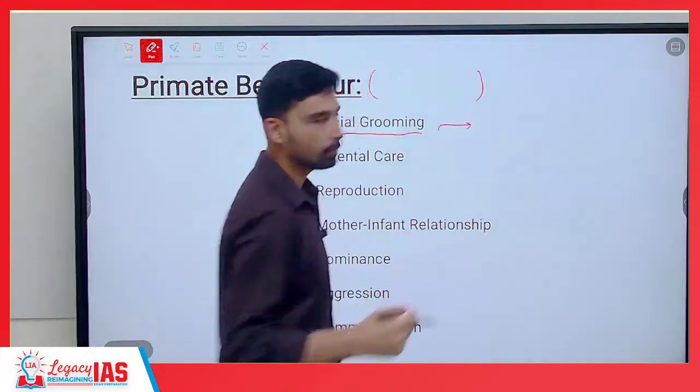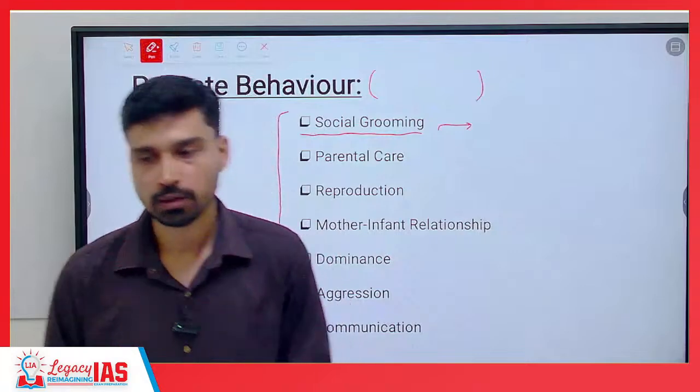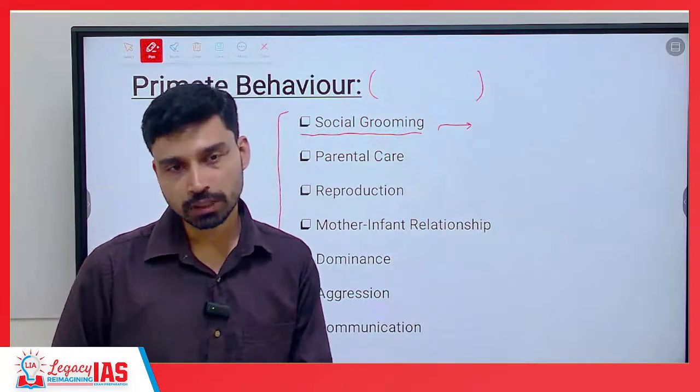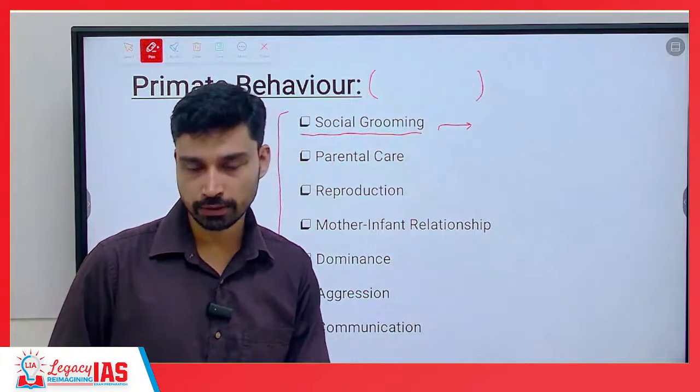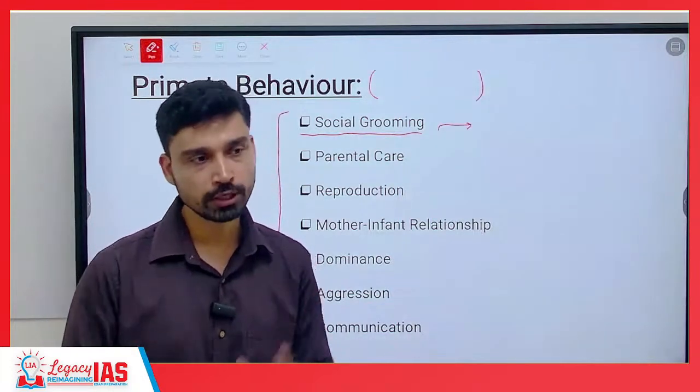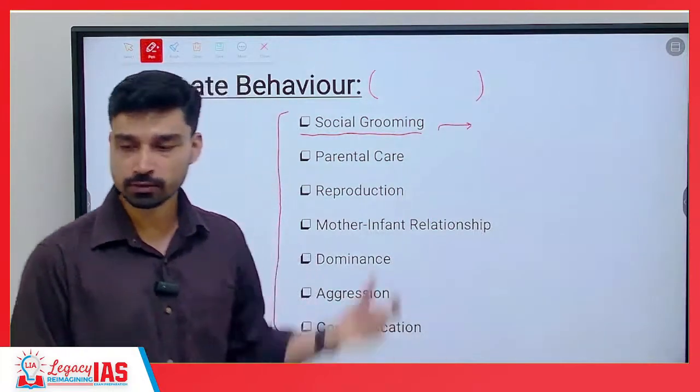Like you might have seen the monkeys taking lice out of the hair or head of each other. But that is not the only objective. That is one of the outcomes of it. If they find something, they remove it. Otherwise, even if the lice are not there, they keep on touching and doing this kind of thing. That is called social grooming.